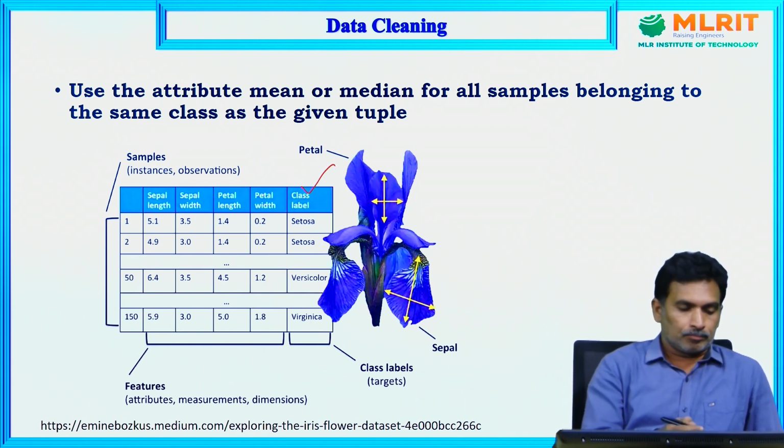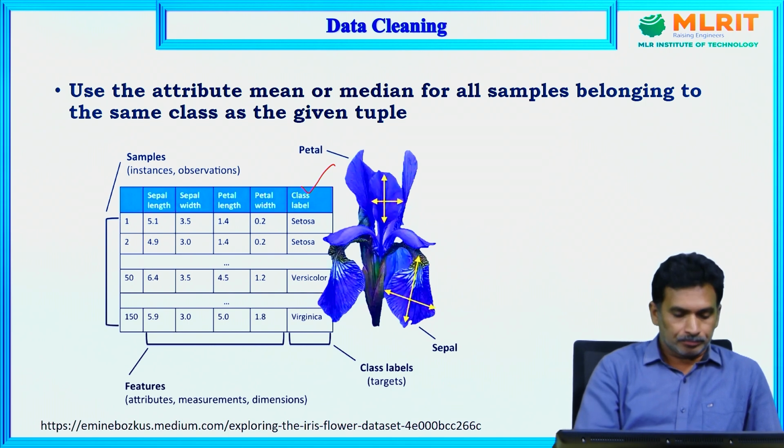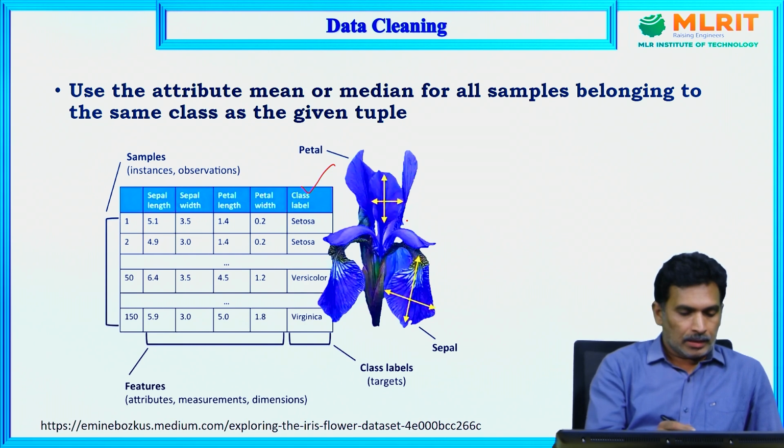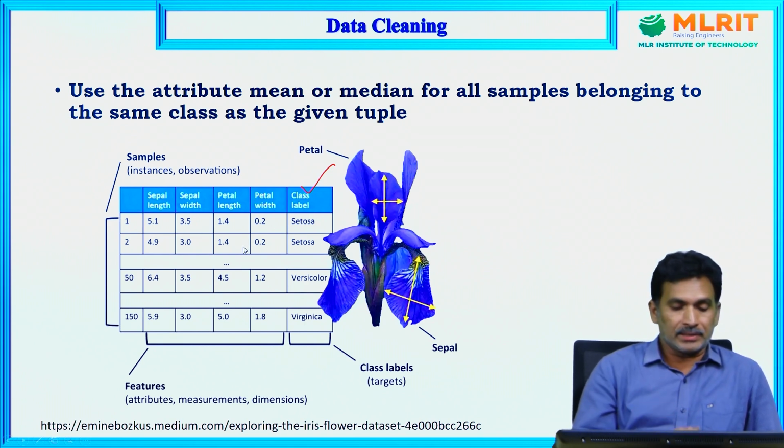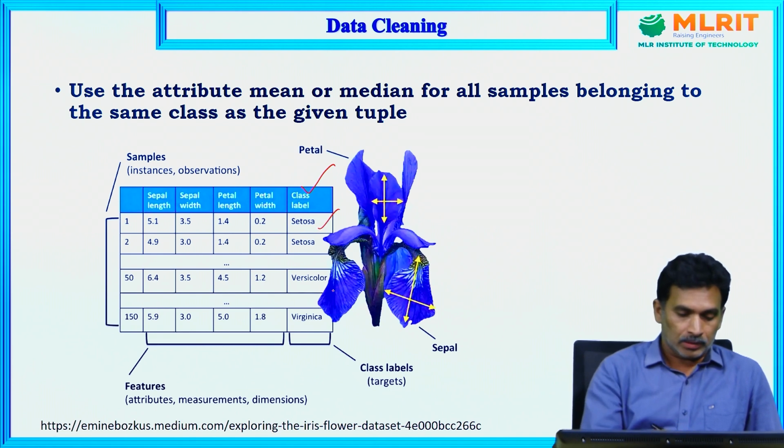So this sample data describes the iris flower. There are parameters like sepal length, sepal width, petal length, and petal width. Based on these values, they are classified as setosa, versicolor, and virginica.